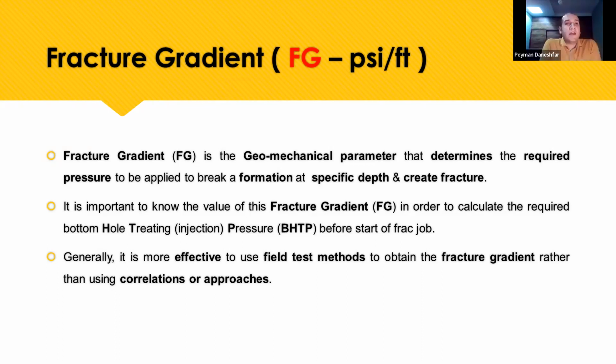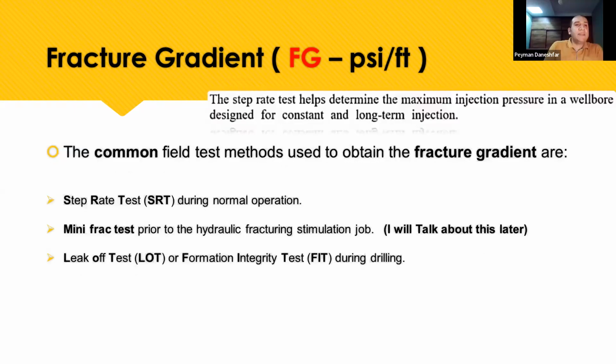And how can we find the fracture gradient in a field? We can find it with three operations. One of them is the step rate test, one is a mini-frac test, and another one is a leak-off test or formation integrity test.